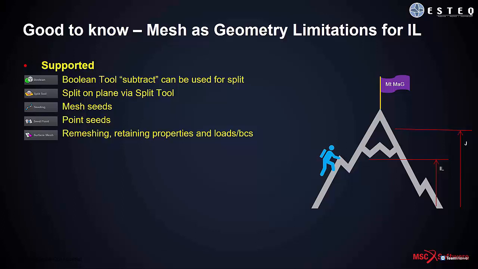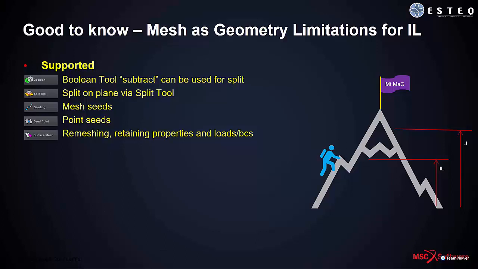Now, this is a weird one, but it's typically one of those workarounds that somebody found by accident, I think. The split on plane using the split tool works, as well as mesh seeds, point seeds, and remeshing, and retaining properties and loads and boundary conditions through the import.